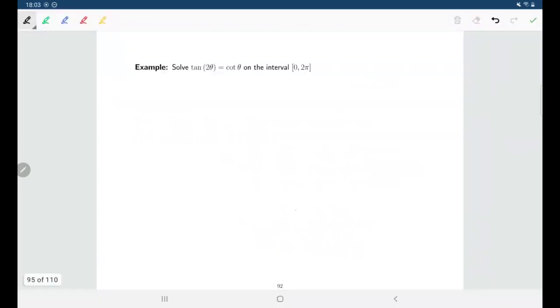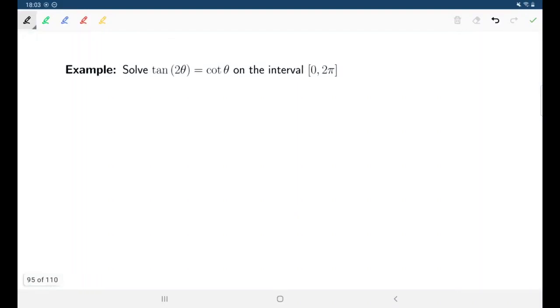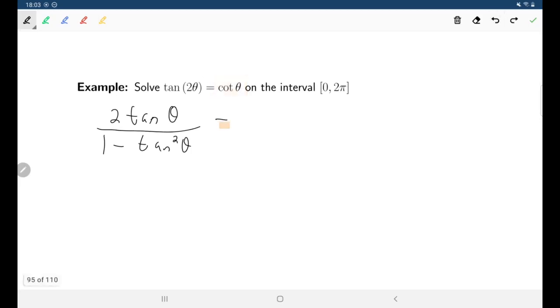And now I'm going to solve this equation, tangent 2 theta equals cotangent theta. First starting off just by rewriting this with my tangent 2 theta identity. And while I'm here, I'm actually going to bring that cotangent theta to the other side of the equation.